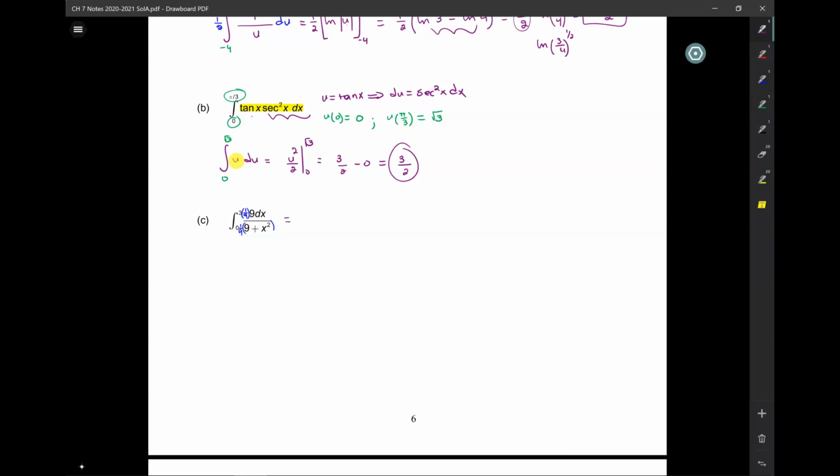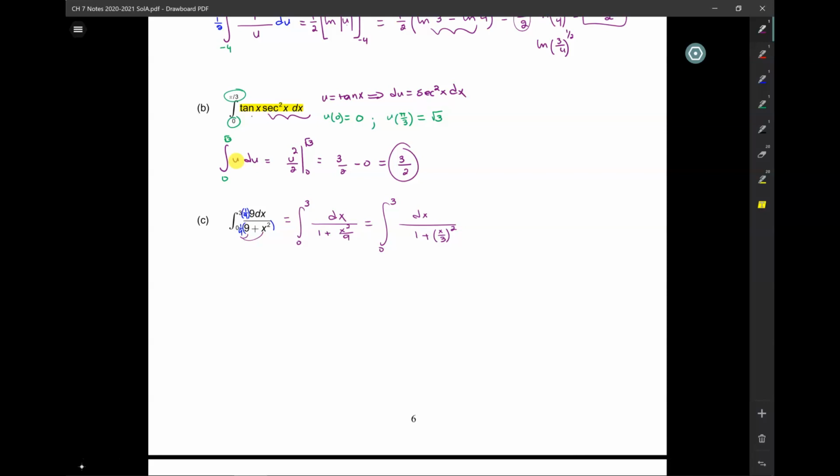Because when I do this, right, now I get the integral from 0 to 3, 1 over 9 times 9, it's just 1, so I just have dx, over, when I distribute this, I now have 1 plus 1 over 9 x squared, which is x squared over 9. What's more, I can rewrite that further as 1 plus, not x squared over 9, but x over 3 squared.